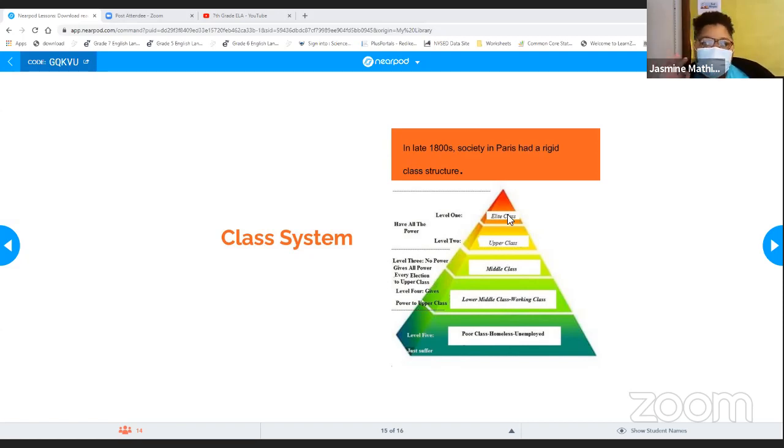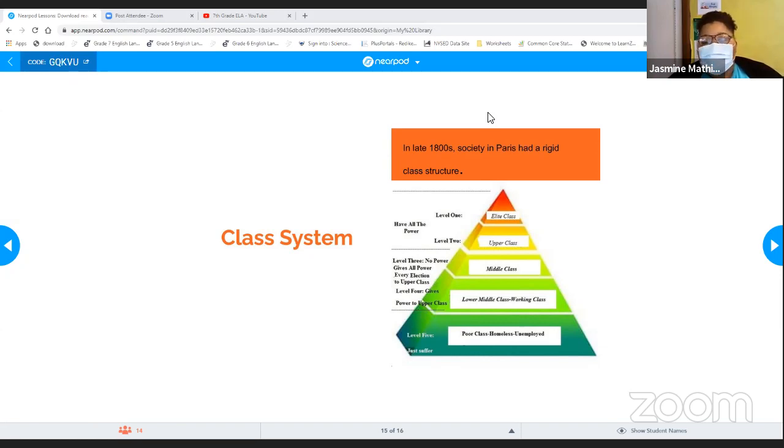So it's very important that you know that this is very prevalent in the text that we're getting ready to read. And this is also relevant because in today's society that we live in, we do have a poor class, we do have working class Americans, we do have rich Americans. So we fall somewhere.